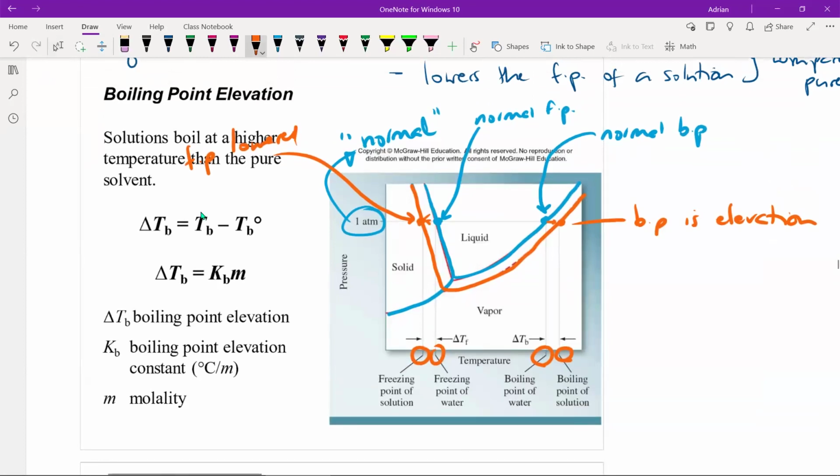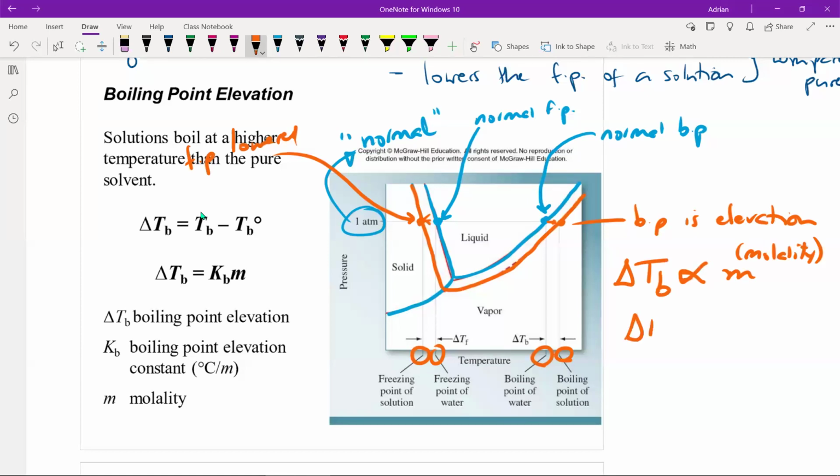So the change in temperature for the boiling point, delta T, is proportional to the molality concentration. That means as the molality, the amount of solute particles, increases, the boiling point is raised by a greater amount.